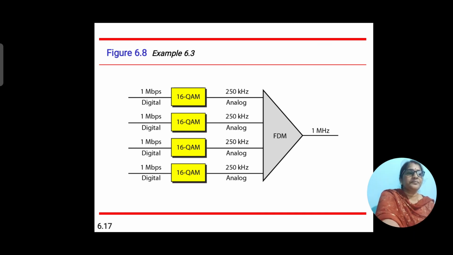So we have 4 channels with 16 QAM, 250 kilohertz analog frequency each, which are sent through FDM over 1 megahertz. This simplifies the example.